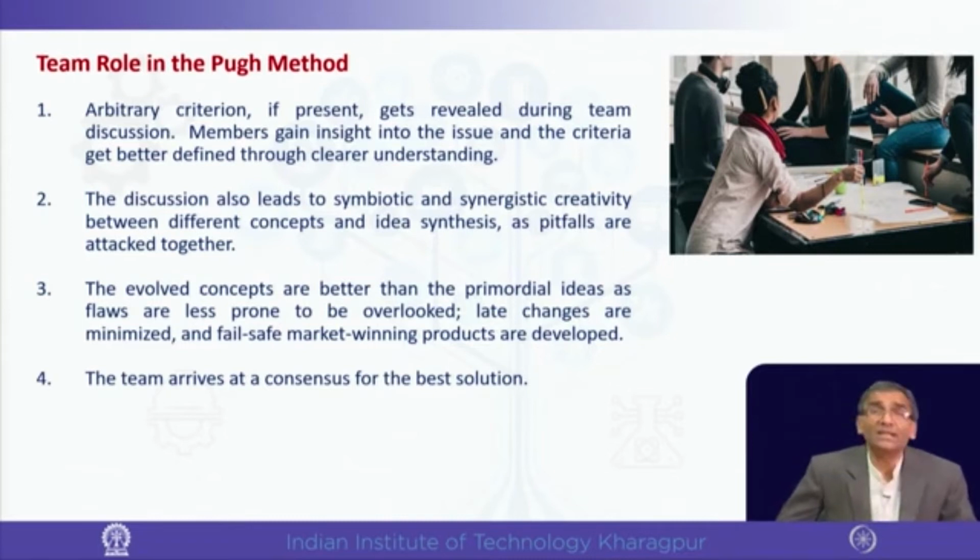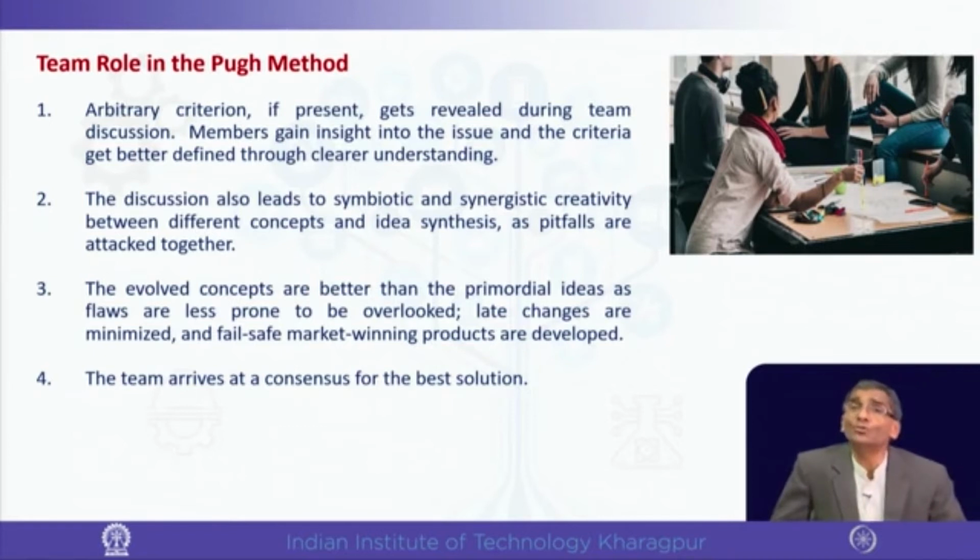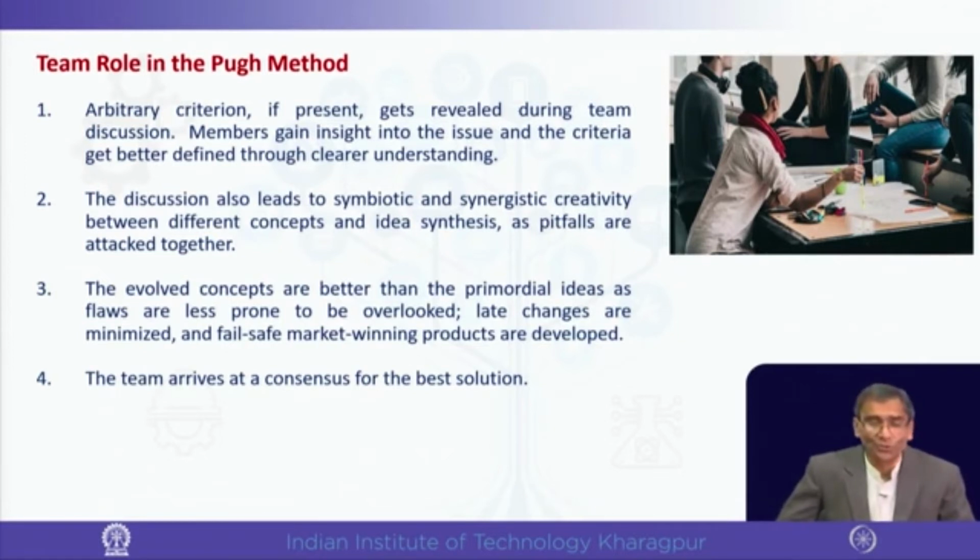Often, if any of the criteria was chosen arbitrarily by any chance, it gets revealed during the team discussion, team meetings. Members gain insight into the issue and the criteria get better defined through clearer understanding.